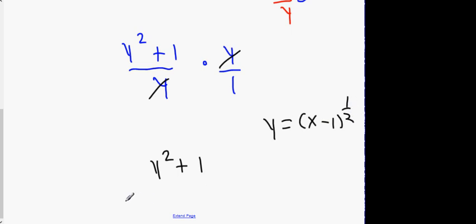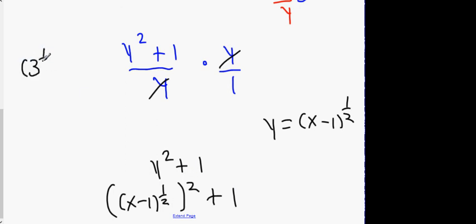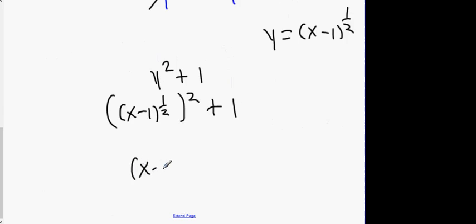So what we're going to have is x minus 1 to the power of a half, squared, plus 1. Now what's the power rule for this? If you had 3 to the power of a half to the power of 2, what's your answer? 3 to the power, multiply them. So what's a half by 2? 1. So the answer is the number to the power of 1. So what you're actually going to get is x minus 1 to the power of 1, which is x minus 1 plus 1. They cancel and the answer is x.